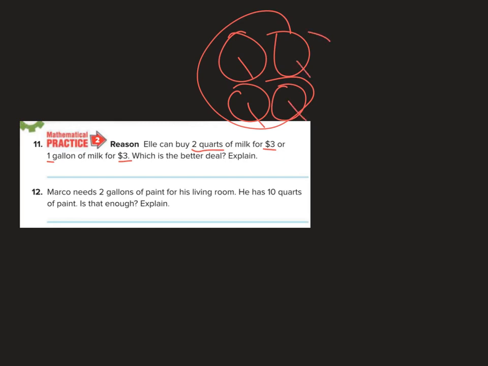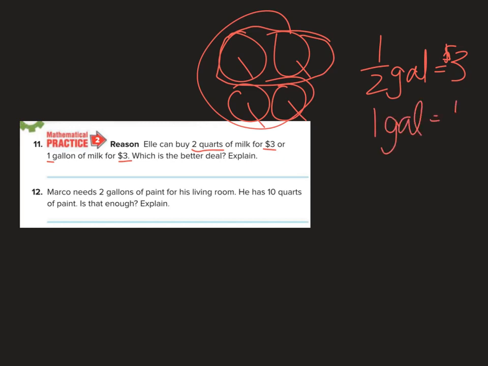And so if she's buying 2 quarts for $3, that'd be a half gallon for $3, or a whole gallon for $3. What's the better deal? 1 gallon, right? 1 gallon is more than 2 quarts because 2 quarts is just half of a gallon.